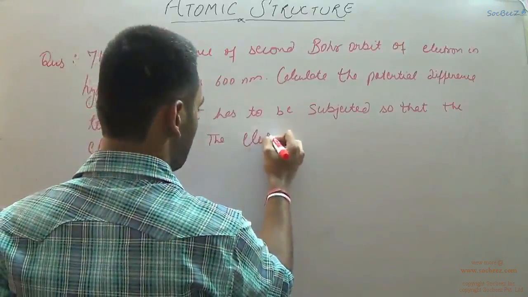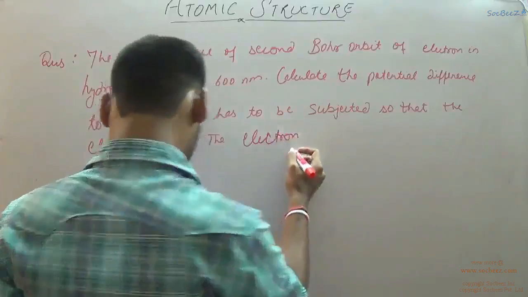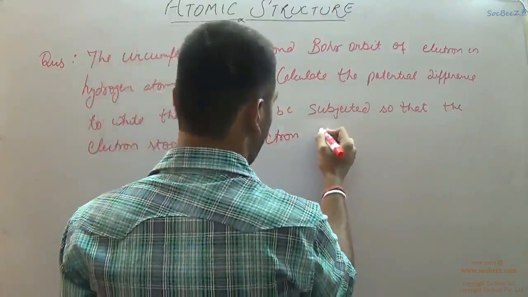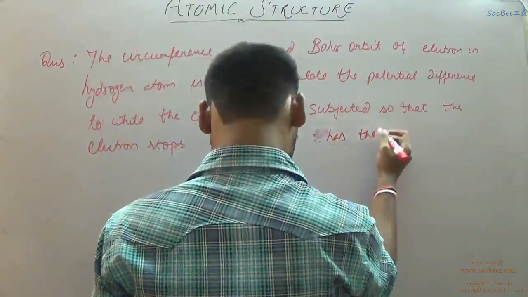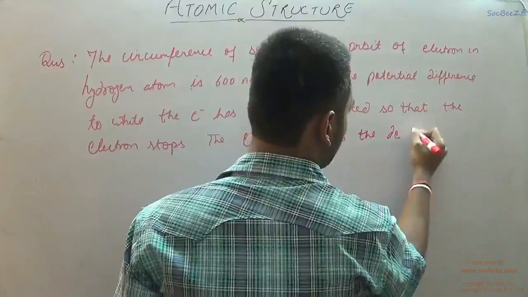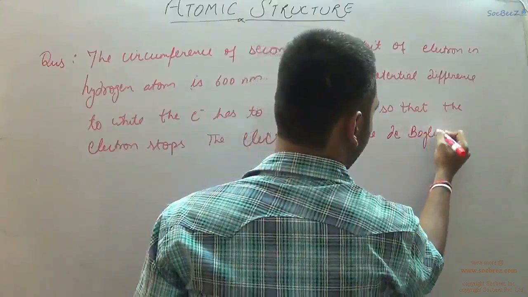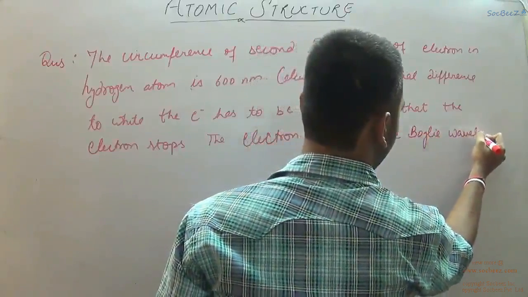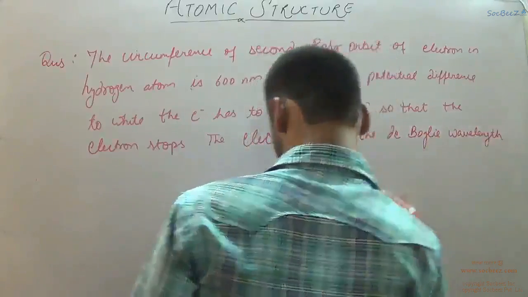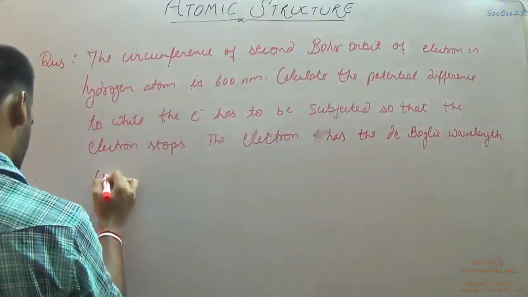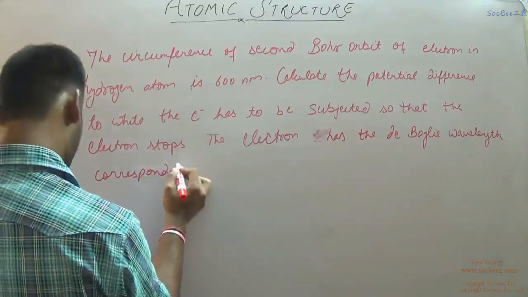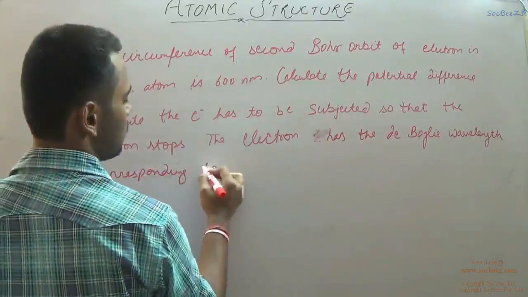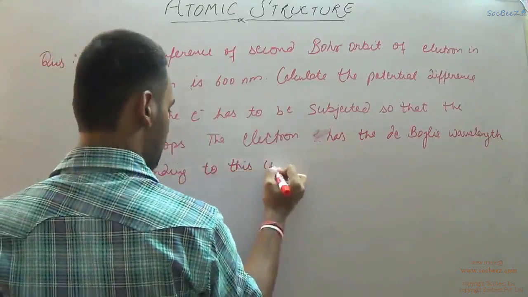The electron has the de Broglie wavelength corresponding to this circumference.